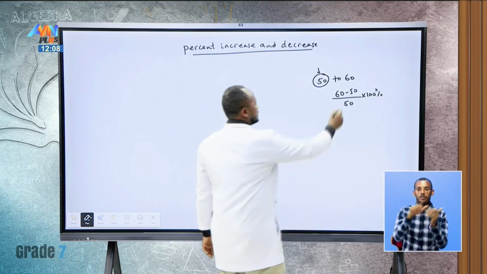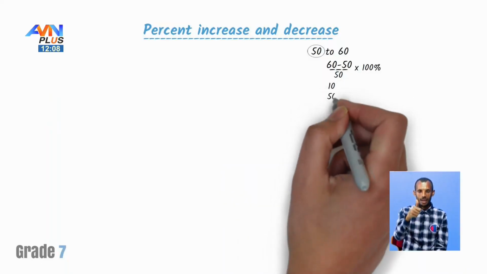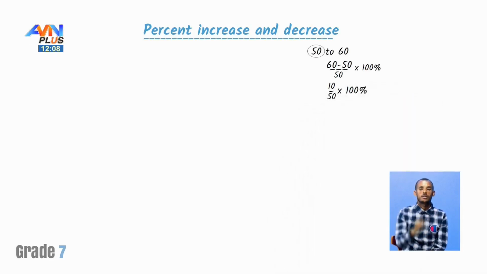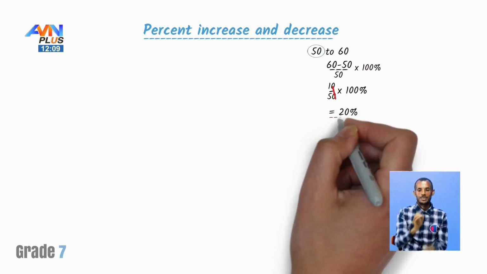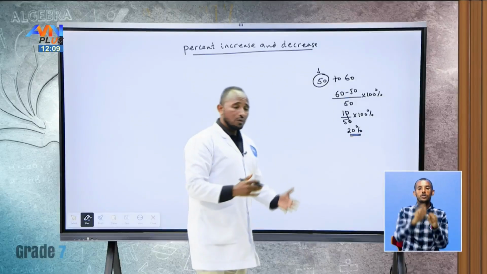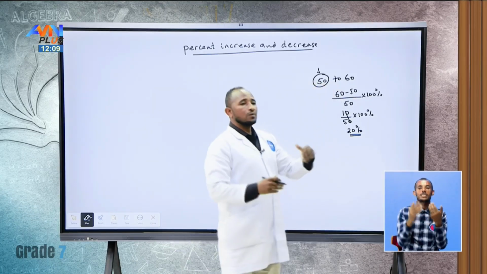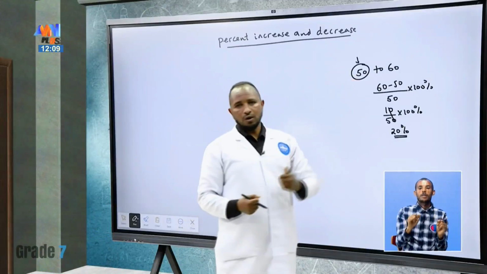This gives us 10 over 50 times 100%. This cancels out: 100 over 5 is 20, the final answer. So when you calculate percent increase, you calculate the increased amount and then divide by the original quantity.